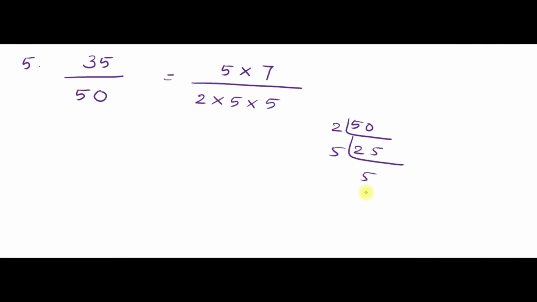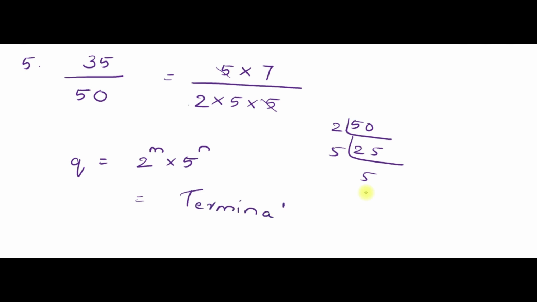The 5 in the numerator and one 5 in the denominator cancel. This 2 remains here only. So it is of the form 2 raised to m into 5 raised to n. Since the denominator q is of the form 2 raised to m into 5 raised to n, the decimal expansion of 35 by 50 is terminating.